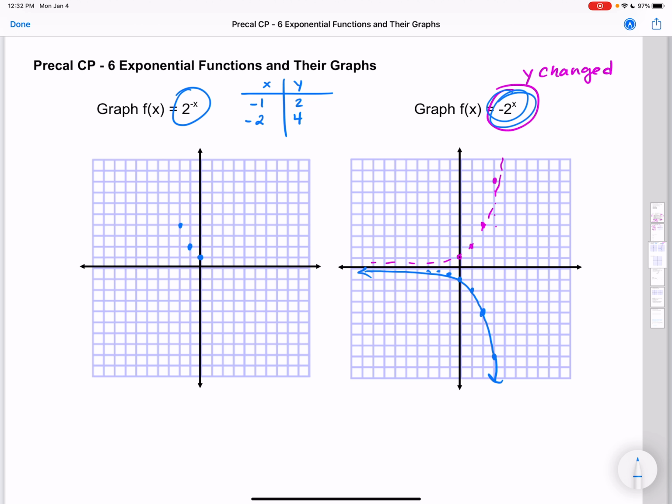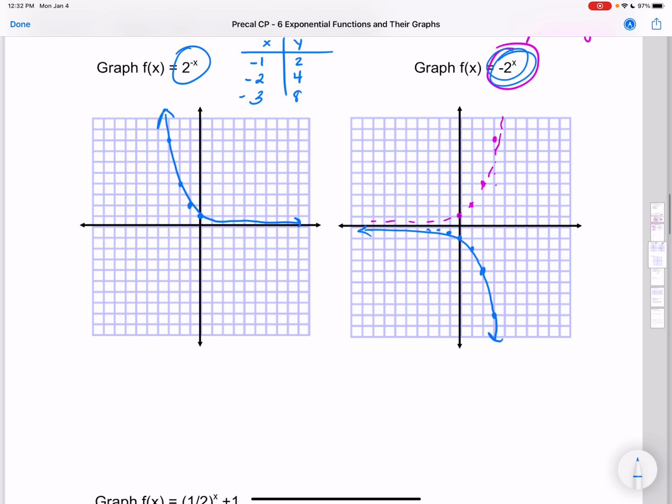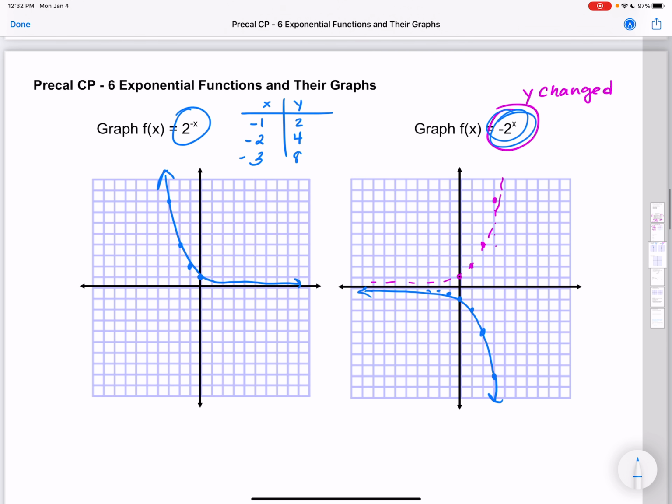And when it was 3, it was 8. So now it's going to be -3, 4, 5, 6, 7, 8, 8, like this. So it's flipped. Now it's flipped across the y-axis. And that's what you expect when you make the x negative.